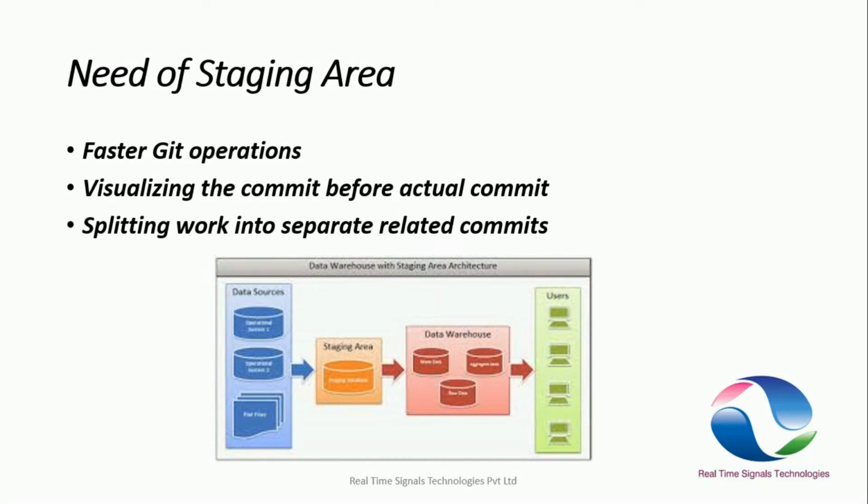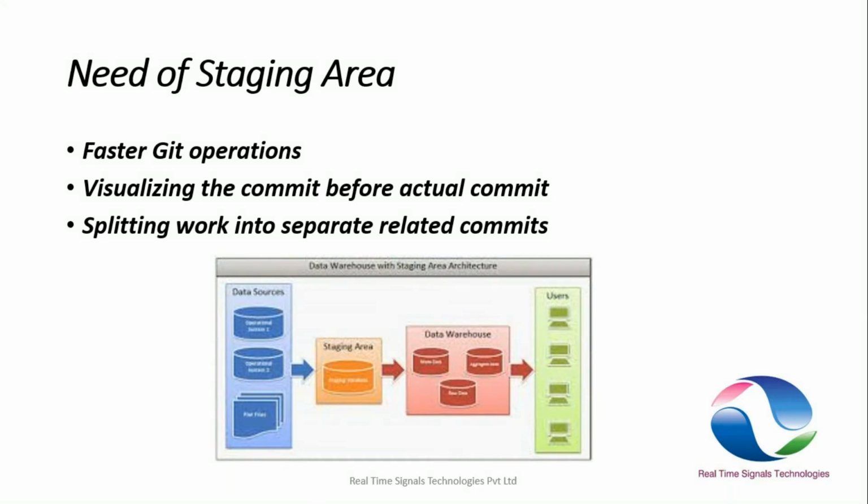As discussed earlier, the staging area is the state in which the files reside before they're committed. That is, the staging area actually lets you visualize the group of changes that will be recorded by Git. Essentially, this gives you fine-grained control over what gets committed to Git and what does not.